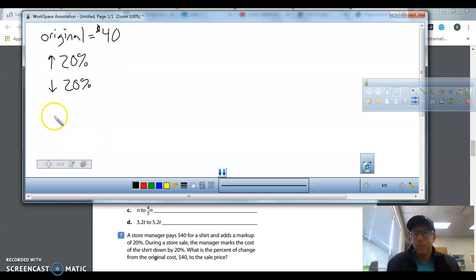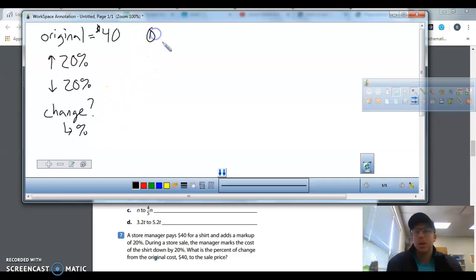After that, the final thing we want to find is how much did it change by from the original price, and we want that to be found in percent form. How much did it change from the original? So let's go through the steps.